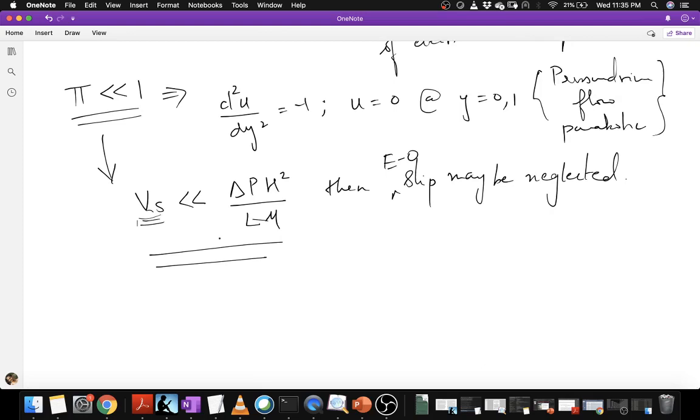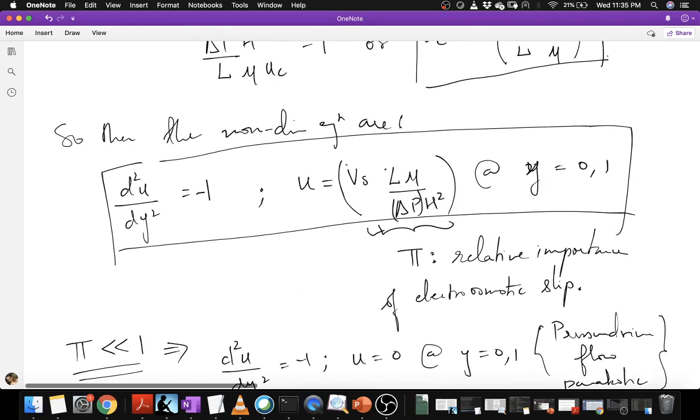Another fruitful result, which would happen even if we hadn't done order 1 scaling, is simply that I have now reduced the number of parameters to 1. So if you look at the governing equation, you see that earlier I had separately the parameters of viscosity, delta P, etc. Now I just have one parameter in the equation, pi. Right? Pi is the only parameter.